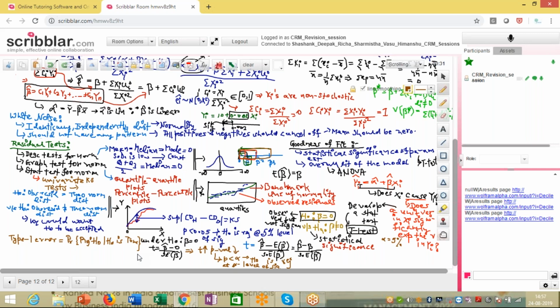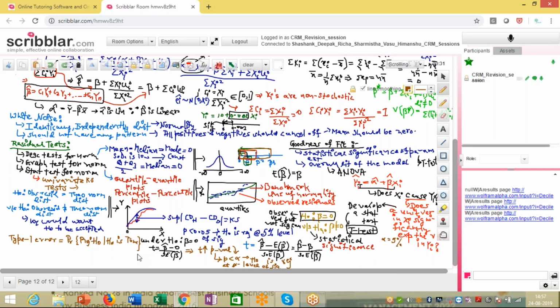So the entire idea here is, to assess whether a particular variable has a statistically significant relationship with y, so does X significantly explain y, we do the t-test. The null hypothesis of the t-test is beta equal to 0 versus beta not equal to 0.